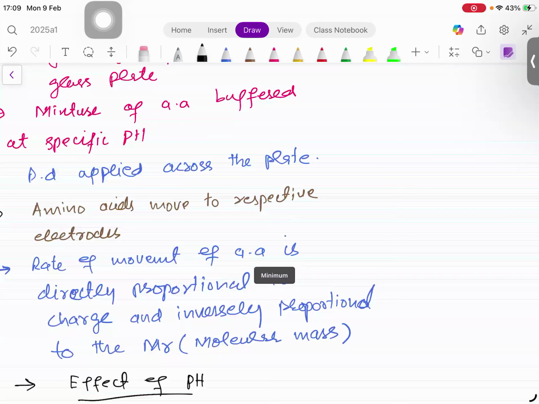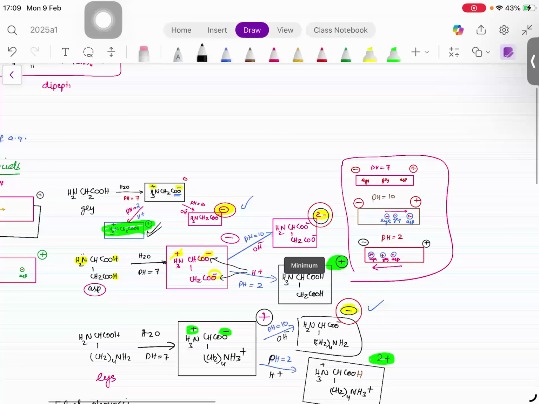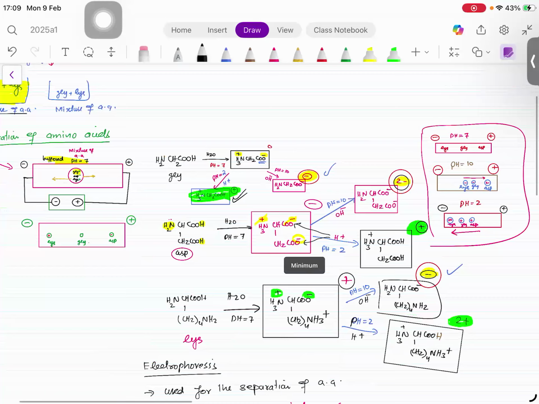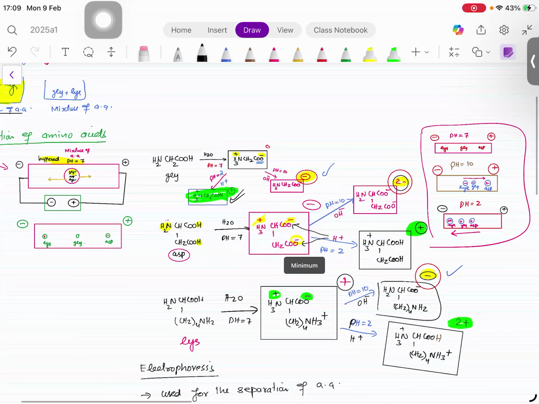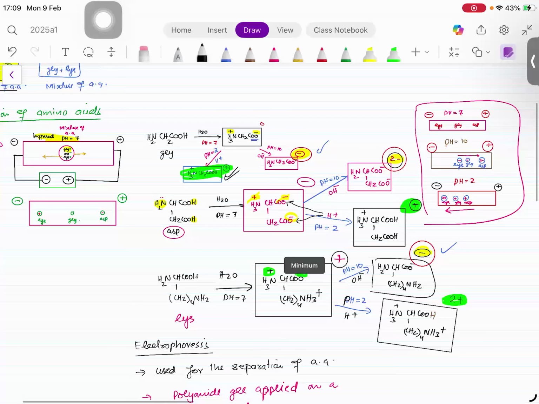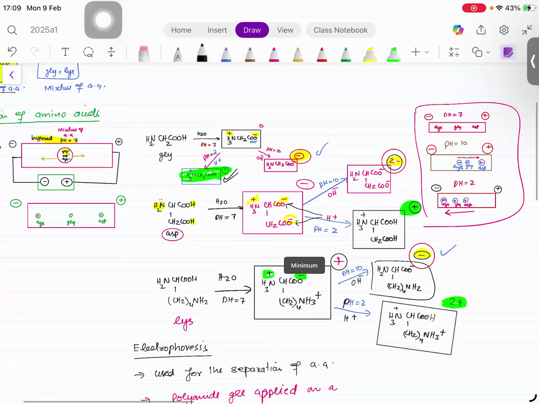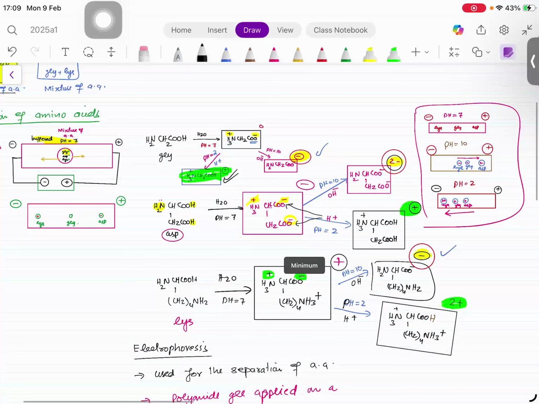Then you have to copy all this. Have you copied this? You have to copy this, children. You have to copy then all this. This is the effect of pH.